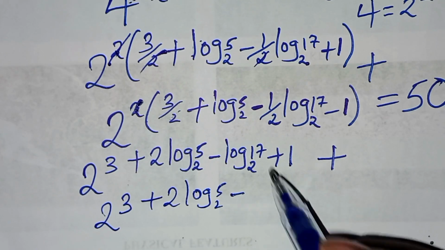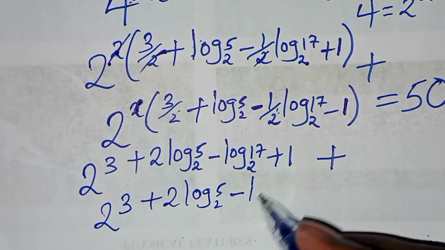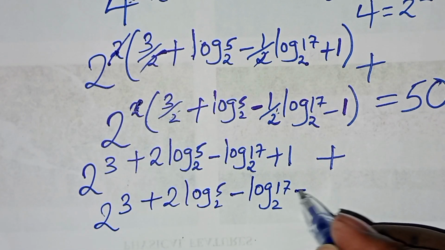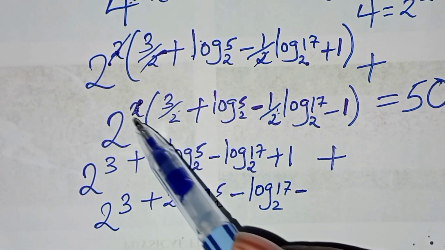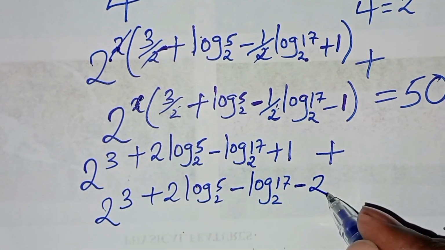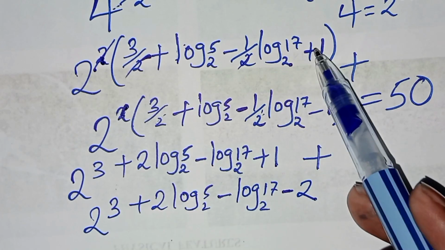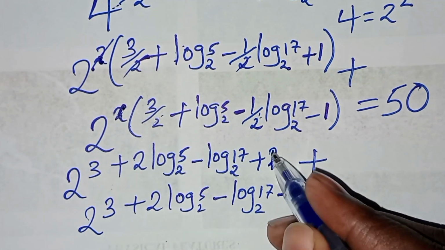Now subtract, 2 and 2 simplify, so we'll have log 17 to base 2, then plus 1, plus here 2 and 2 simplify, so we'll have 2 to the power 3 plus 2 log 5 to base 2, then subtract log 17 to base 2, subtract, now here it's actually 2 times minus 1, this is minus 2, and also here 2 times 1, this is plus 2.